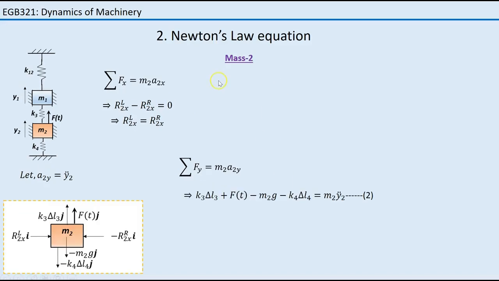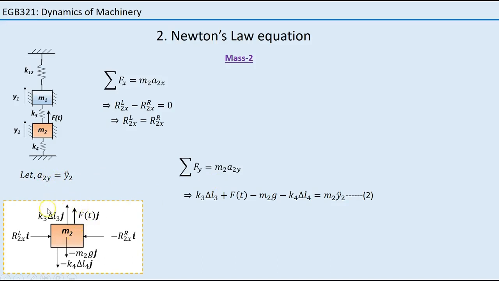For mass 2, I'll not explain the horizontal component because it is the same case as mass 1. Let's consider vertical forces. This time we consider mass 2's displacement as y2, so the acceleration of mass 2 would be the second derivative of y2, and that's what we get as a2y.